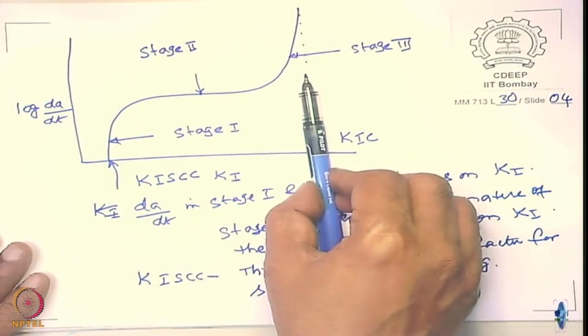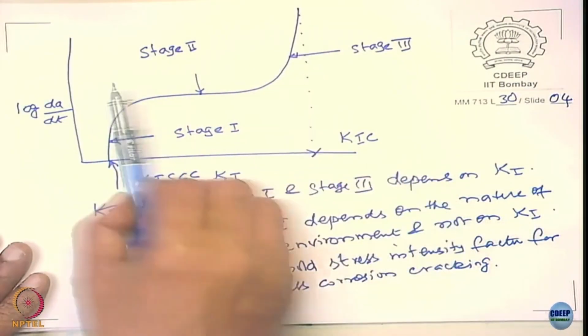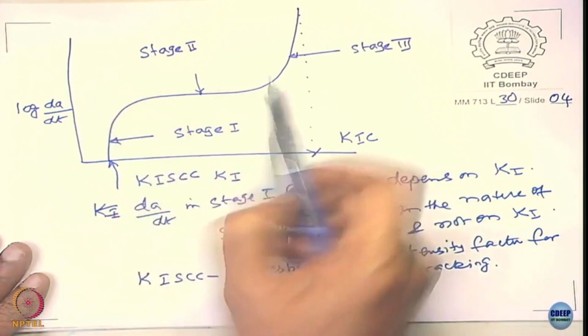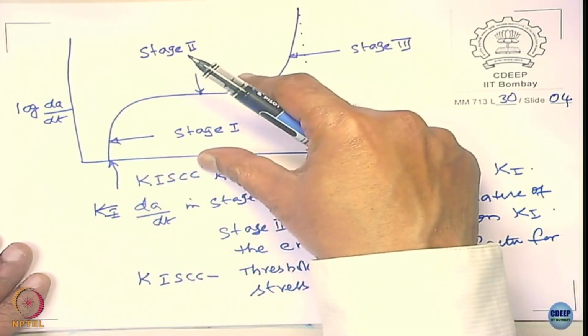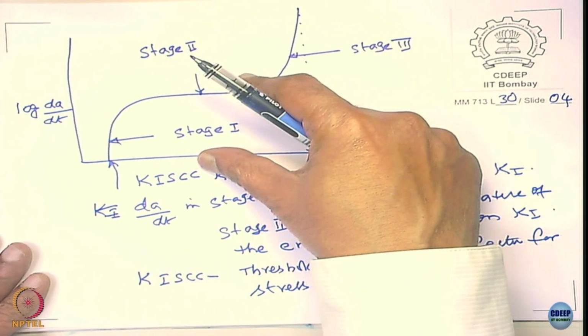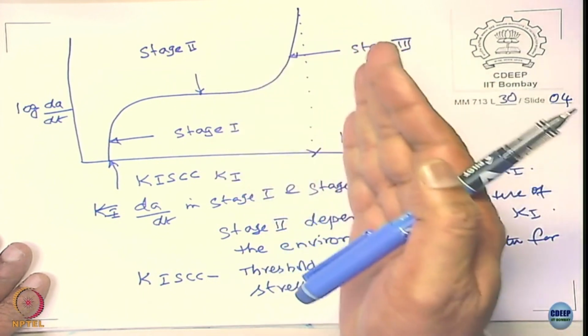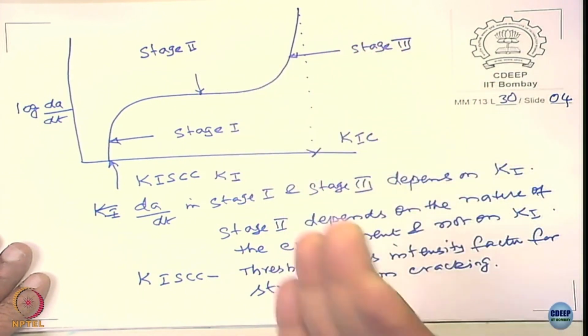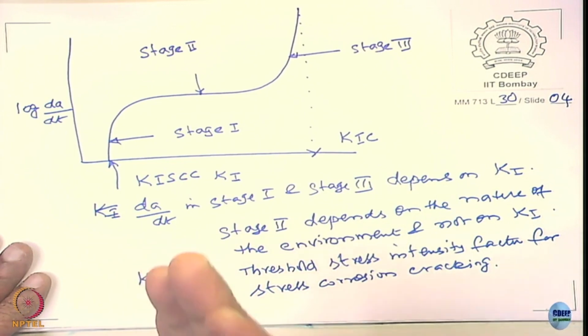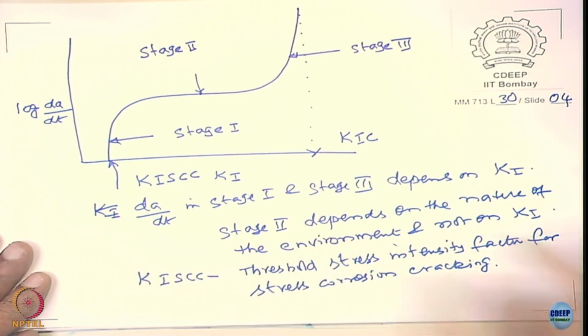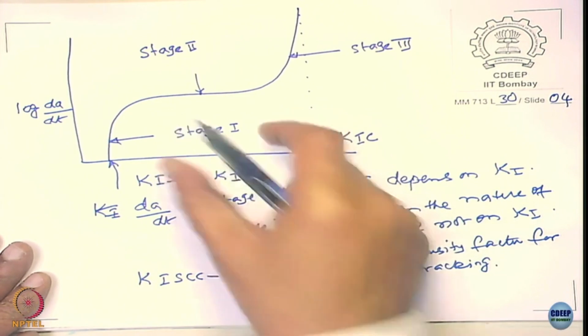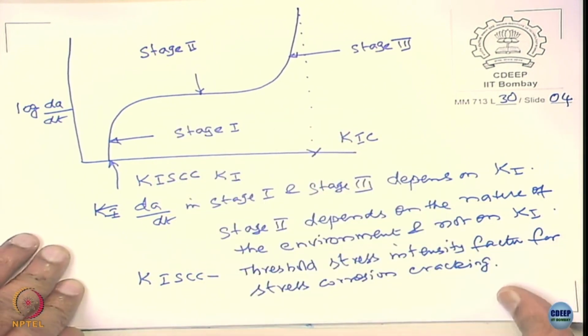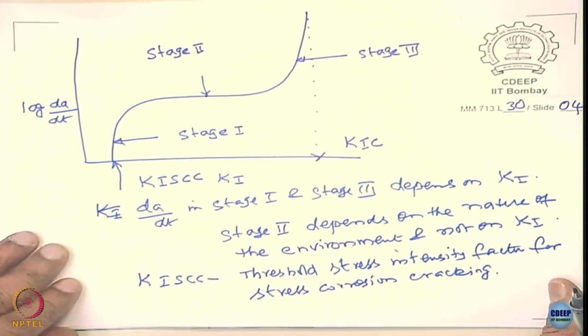The K1C is here, it goes much lower than that, and in fact this is called subcritical crack growth. So in the presence of environment, you can have subcritical crack growth taking place in the material. That is a disadvantage of the environment actually. That is something to be worried about.